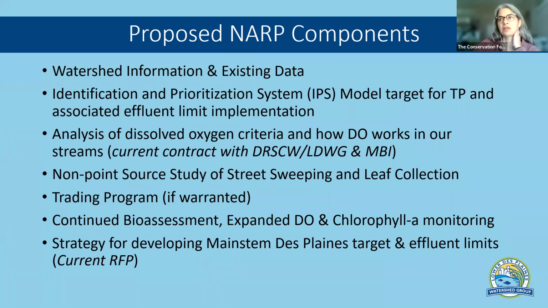Looking at how we're utilizing the IPS model that DRCW and Lower DuPage developed as the source of our target for total phosphorus, and then the associated effluent limit implementation based on that. And that would be specifically for our tributary streams, as the IPS model was really developed for wadable streams.